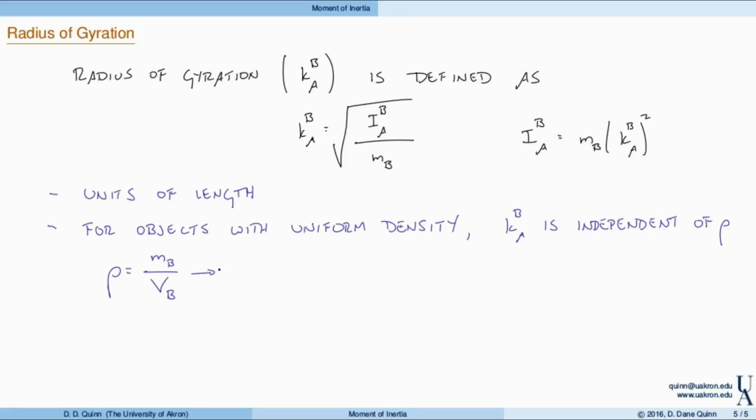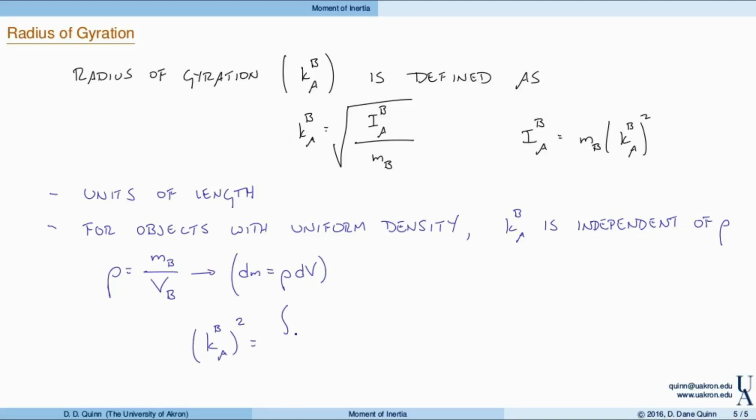So as a result, my differential mass element, when I go back to the definition, for example, of the moment of inertia that we saw on previous slides, is the density times the differential volume element, and the density would be constant over the body. So then looking at this definition, we see that K_A of the body squared is the moment of inertia divided by the mass.